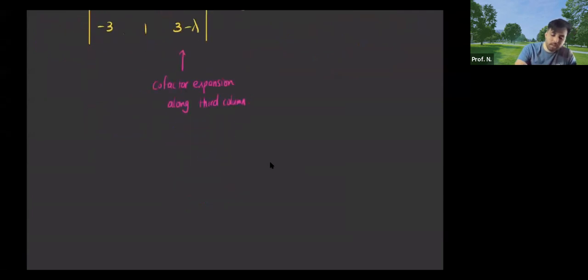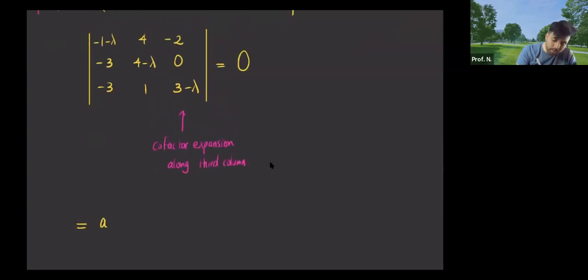Okay, so if I do that, then this here will equal A31 C31 plus A32 C32 plus A33 C33. The nice thing is that A32 is 0.